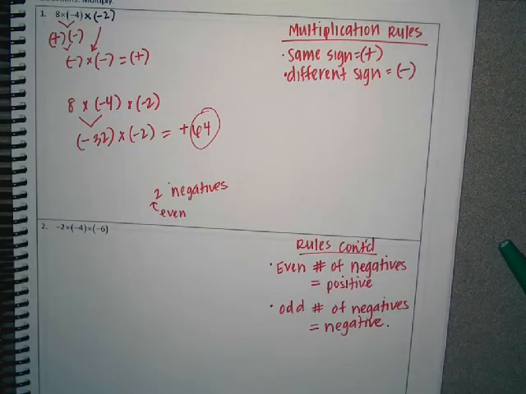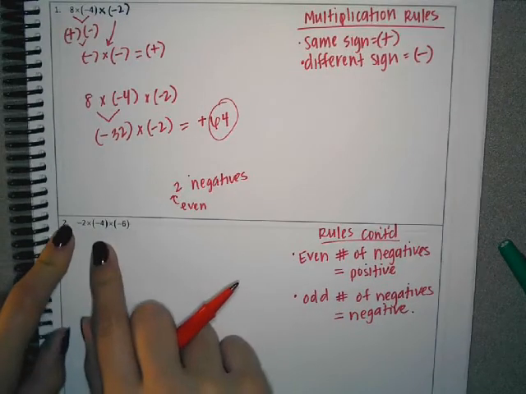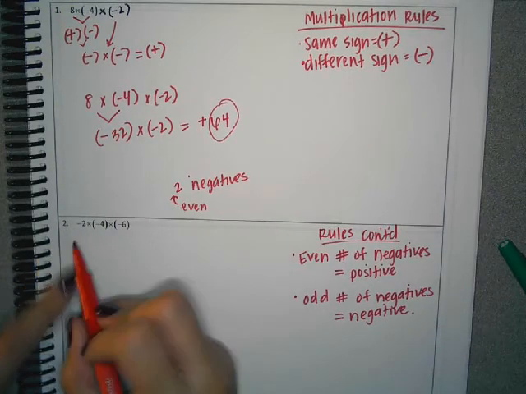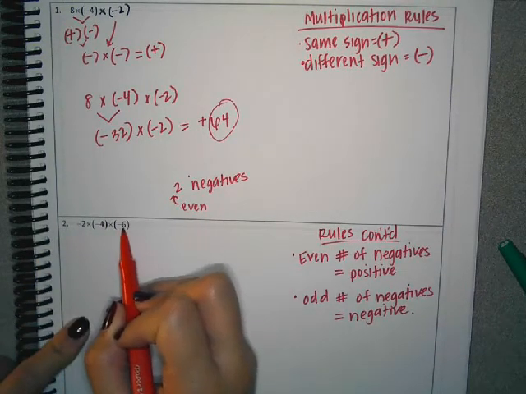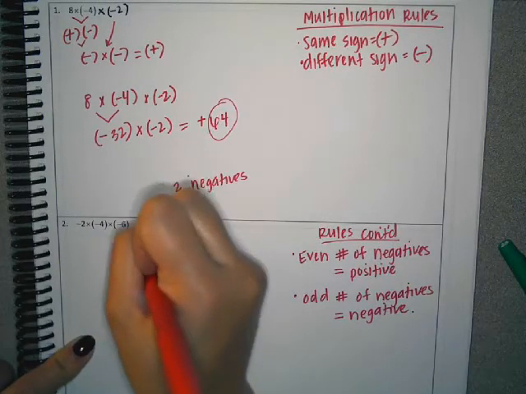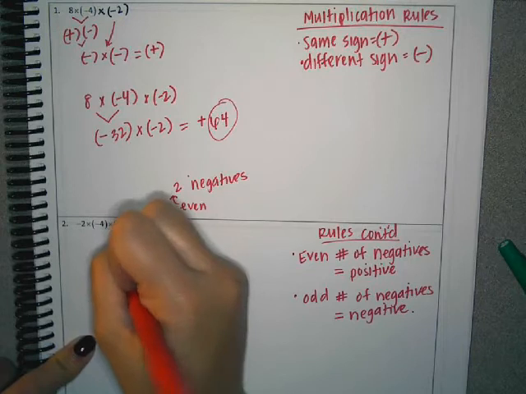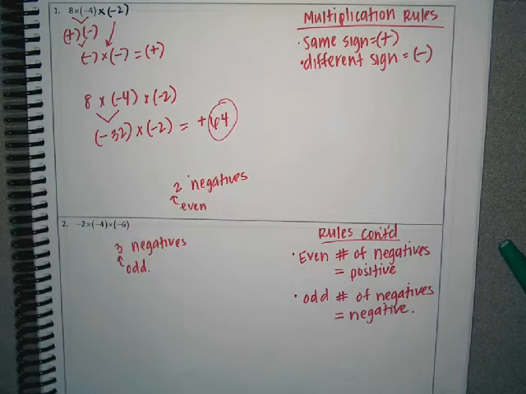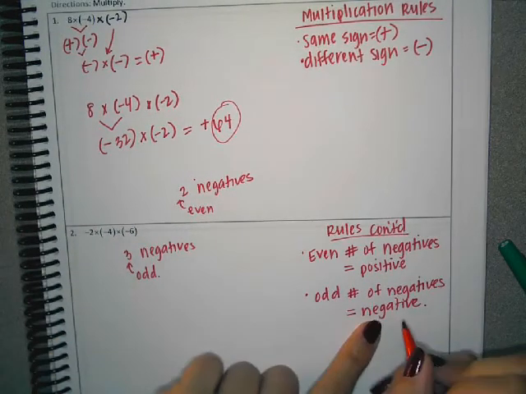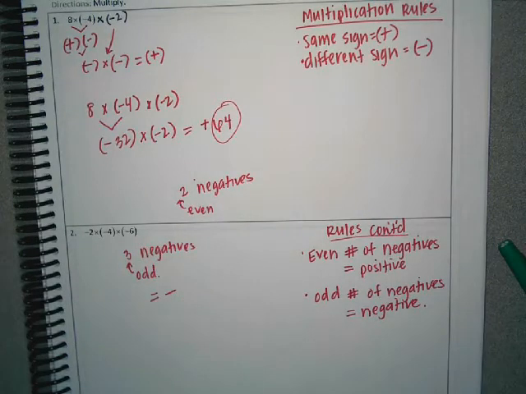Yes, we did. So if I'm looking here at number 2, I have how many negatives? I have 1, 2, 3 negatives. So I can write 3 negatives. Is 3 even or odd? 3 is odd. So I should have an answer of negative.